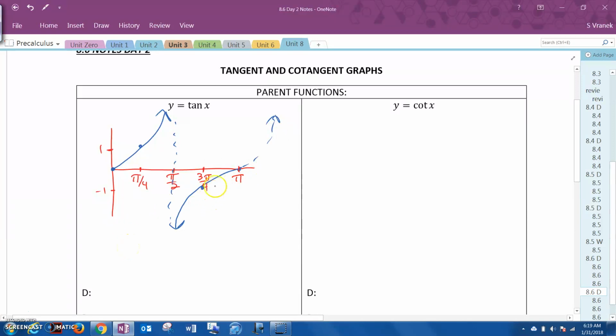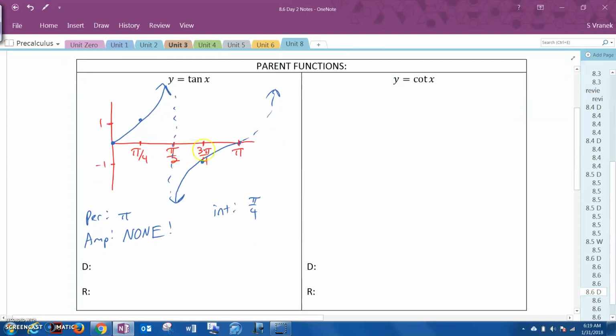So first thing you should notice is that the period for these graphs is pi. The other thing that's important, and you have to know this, is that there is no amplitude. You need to have a max and a min to have an amplitude. And the interval was, like I said, pi over 4. So for my domain, you first look to see where your first vertical asymptote is and say, well, x cannot be that.